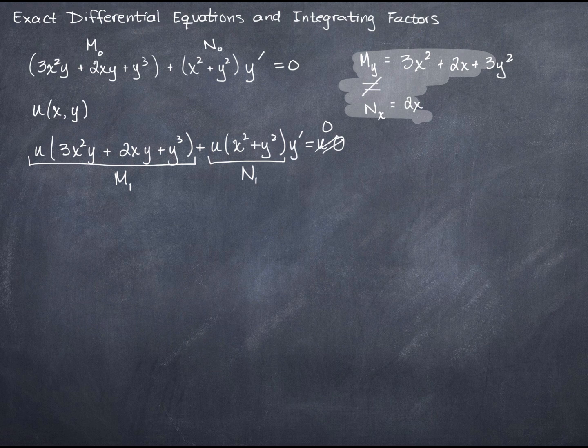Having done that and determined that it's not an exact differential equation, our next goal is to figure out whether, because it's in the form M plus N times y prime equals 0, it can be made into an exact differential equation. And if it can, it will be by finding a function u and multiplying every term by that function u, turning it into, hopefully, a differential equation that is exact. So that's the goal here.